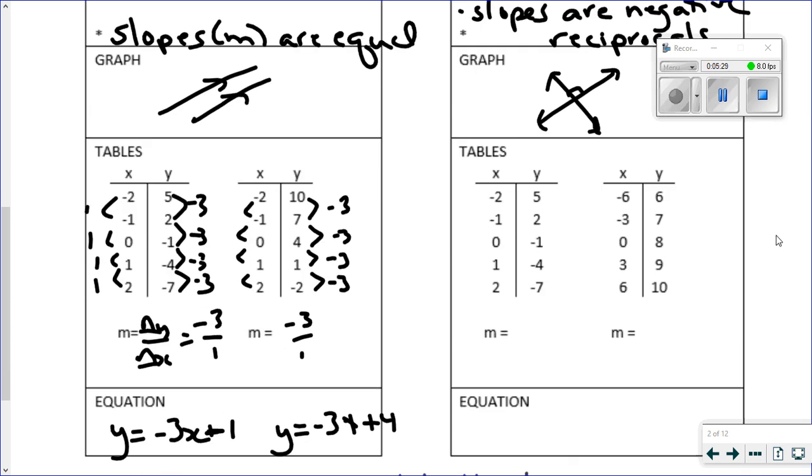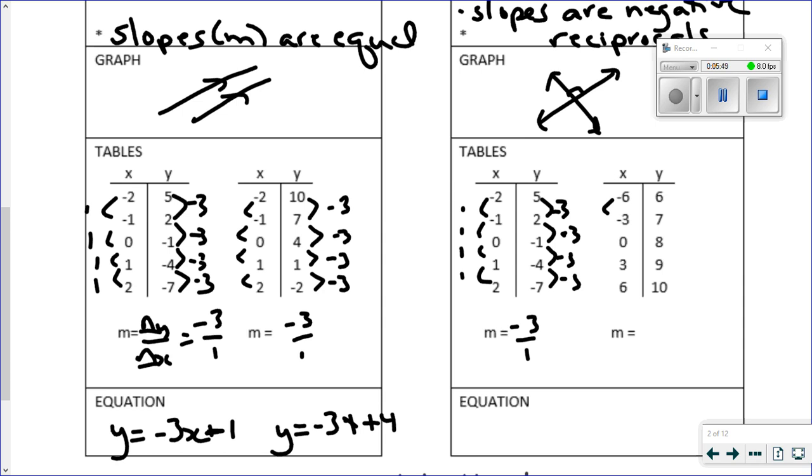Now here's where we circle back to what a negative reciprocal means. So using the same method as last time, -3, -3, -3, -3, 1, 1, 1, 1. m equals negative 3 over 1, okay?